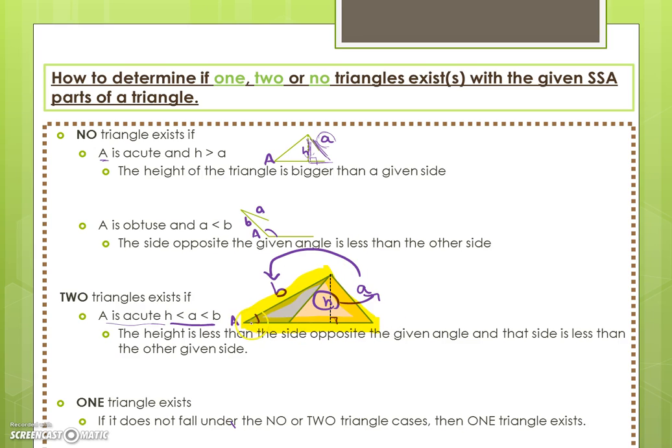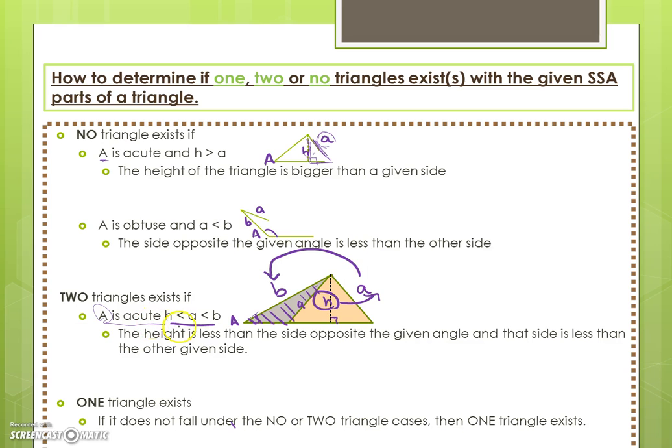One triangle that can be drawn is this one that I highlighted in yellow, and then the second triangle I'll highlight as well. It's when, instead of drawing your A here, you draw your A here, and you get this, which I'm highlighting here in purple. This triangle is triangle number 2. So I could have drawn this big triangle, or I could have drawn this one that I shaded purple. And that's what makes it the ambiguous case.